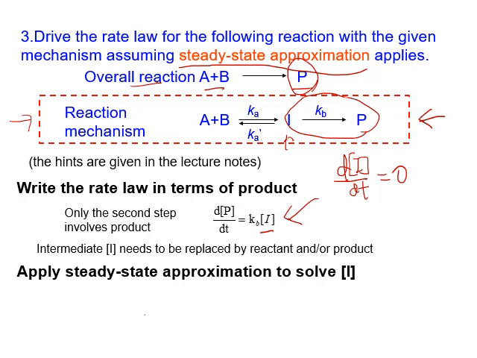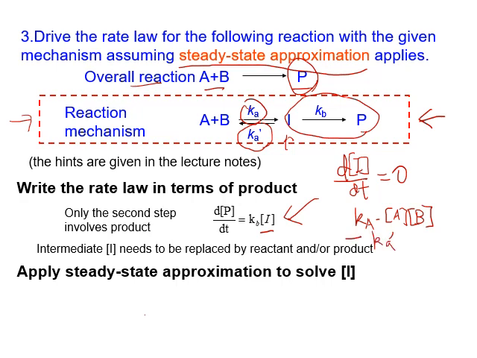The first step, forward reaction. All right, so Ka times the reactants for the forward reaction, A and B, second order reaction. And this step can produce I, so it's positive. And the reverse reaction for the first step consumes I, so it's negative Ka prime.